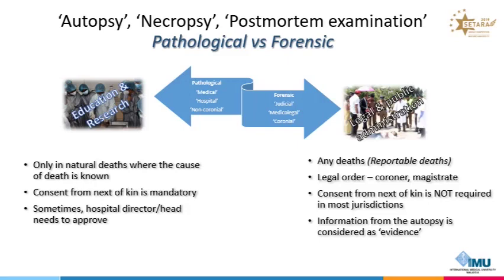So there is an authority given through a legal requirement, and therefore in forensic autopsies the consent from next of kin is not required. It's not mandatory at all. And of course, whatever information is obtained through the forensic autopsy would be considered as evidence and therefore would be presented to a court of law.